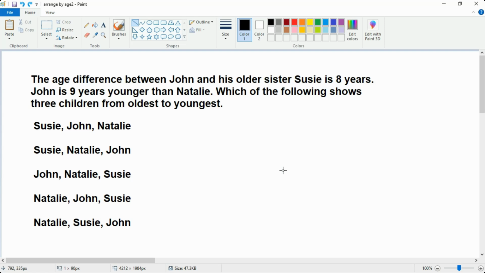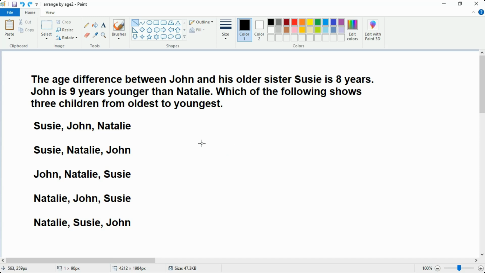That way you can use a standard, more familiar way of solving it. Sorry, John and his older sister is Susie, and the difference is 8 years. So we know that Susie is the older sister, and that means Susie is older than John by 8 years.